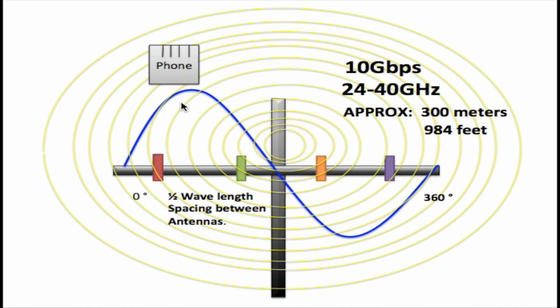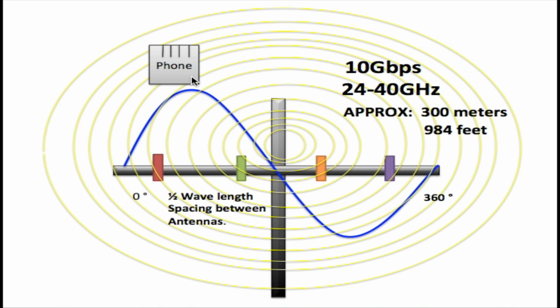But think about this, they're only trying to broadcast to this phone. Why are they broadcasting all the way up here? They're wasting signal, they're wasting energy that could be better served broadcasting directly to the phone. But we didn't have this technology years ago.